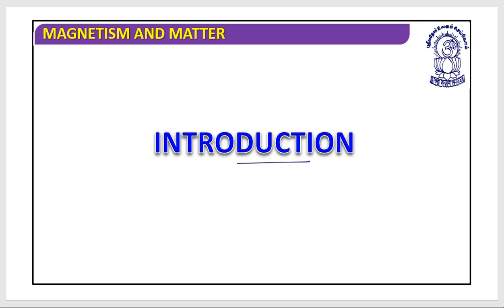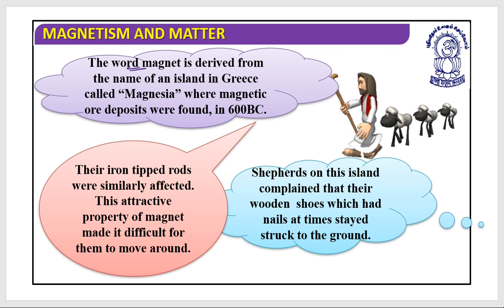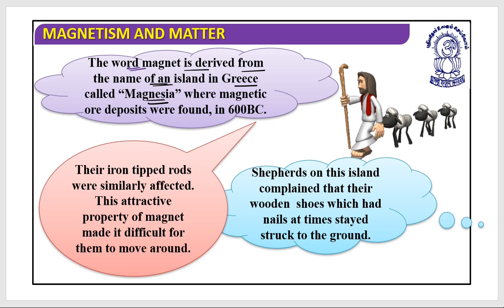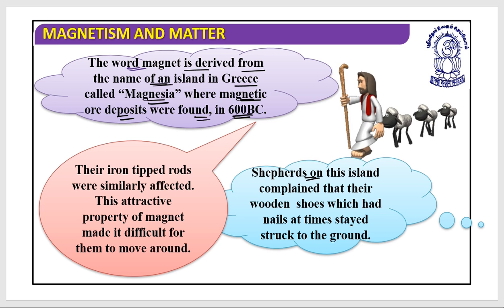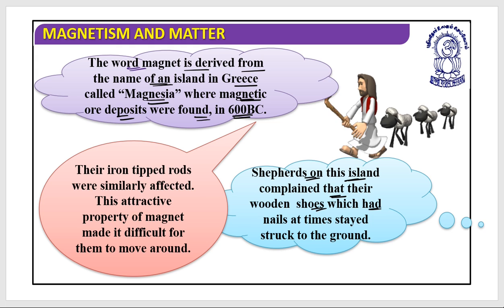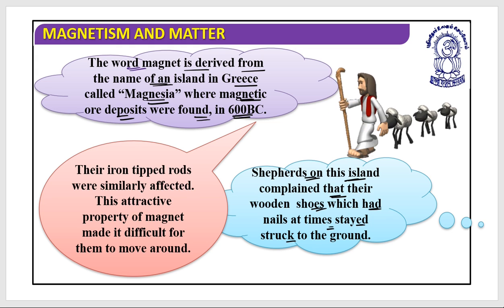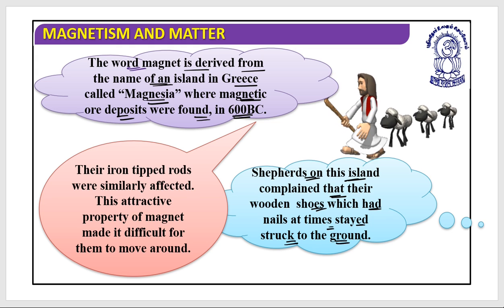So let's begin then. The word magnet is derived from the name of an island in Greece called Magnesia, where magnetic ore deposits were found in 600 BC. The shepherds on this island complained that their wooden shoes, which had nails, at times stayed stuck to certain grounds.